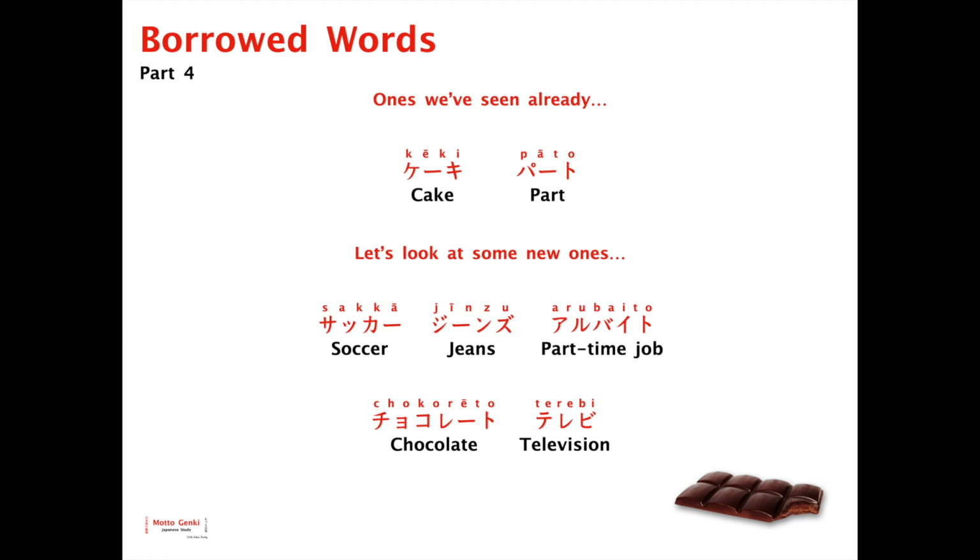Arubaito is part-time job. Arubaito comes from German. This confused me in the beginning because when I first learned it, I thought, well, what word can that come from? But then I found out it comes from German. Chocoreto is chocolate. It can also sometimes be shortened to choco, but for now, chocoreto is all you need to know. And terebi, television, terebi.